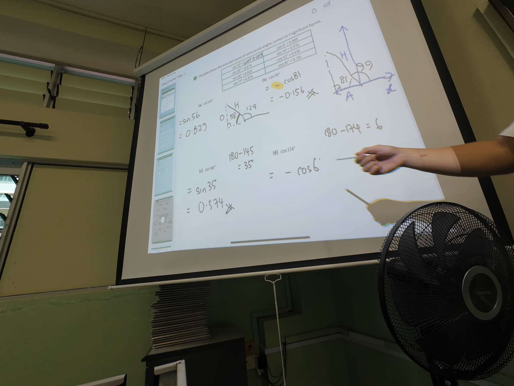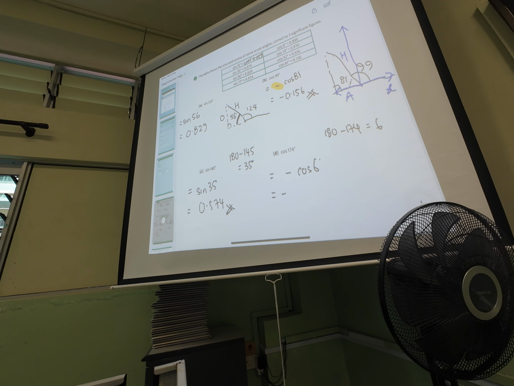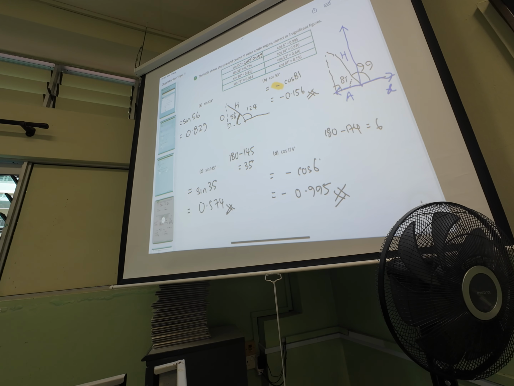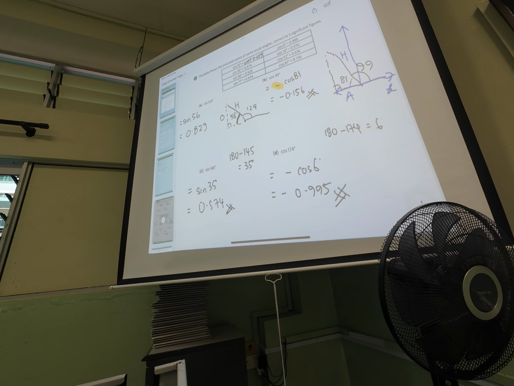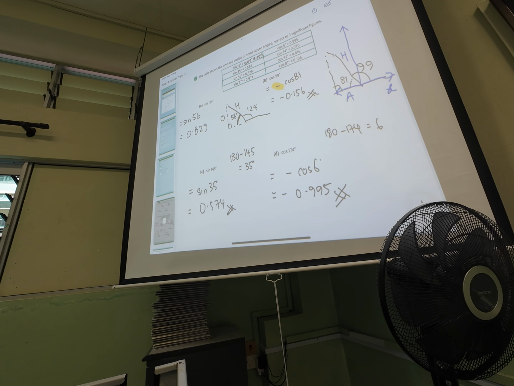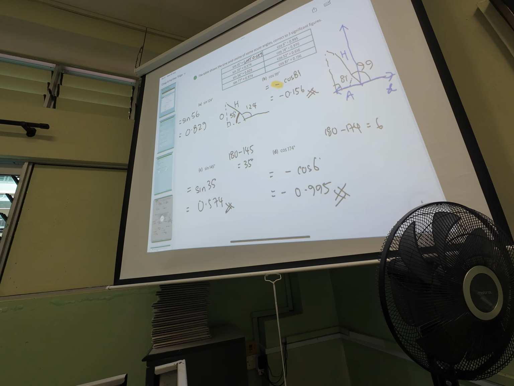I must add a negative to the supplementary angle cosine. But still you will need to know your SOH CAH TOA. Cosine is adjacent over hypotenuse, sine is opposite over hypotenuse.